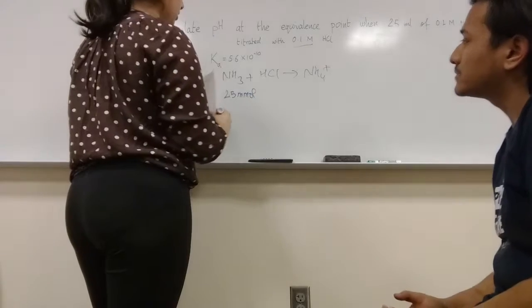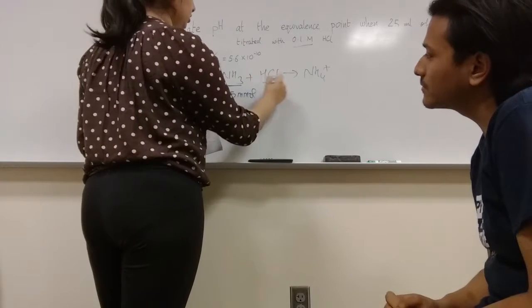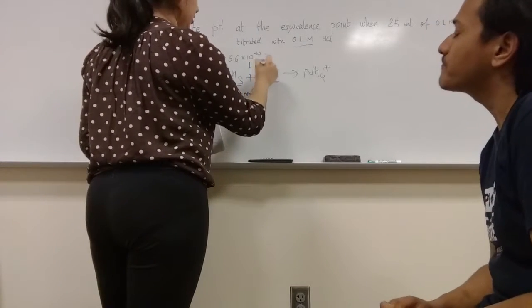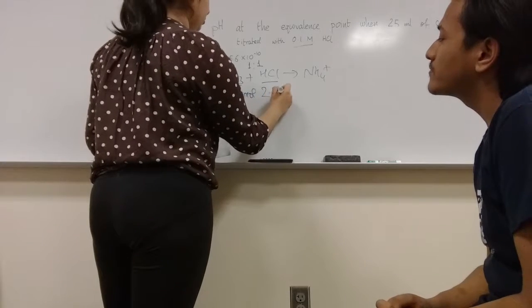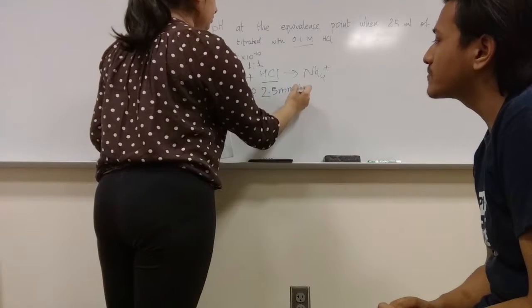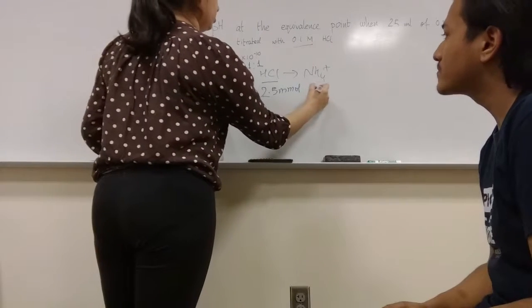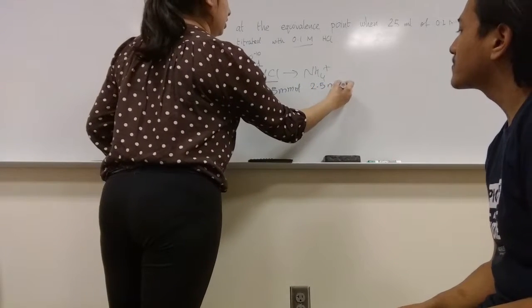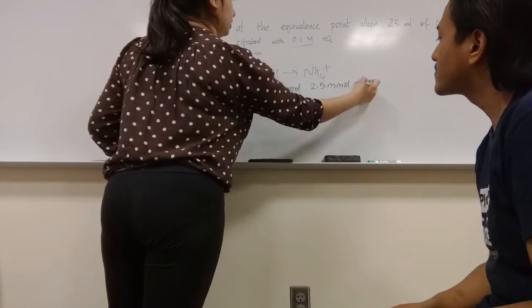So what I can do is use the mole to mole ratio, which is 1:1. So I would have 2.5 millimoles of HCl to get 2.5 millimoles of NH4 plus.